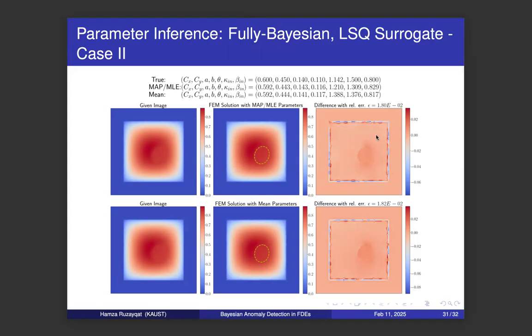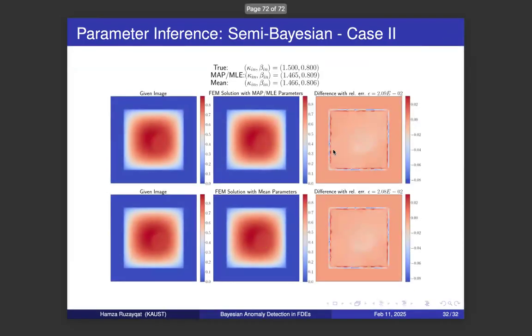Here you take the absolute difference, and this is the relative error, 10 to minus 2 as well. And this is the case when you use image processing, and also you get very good results.